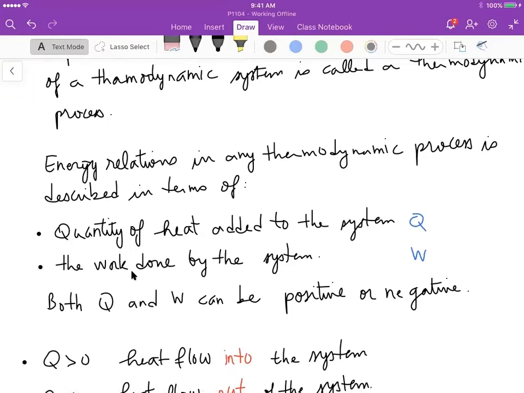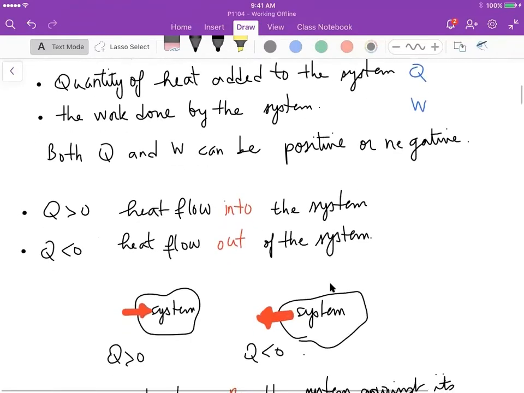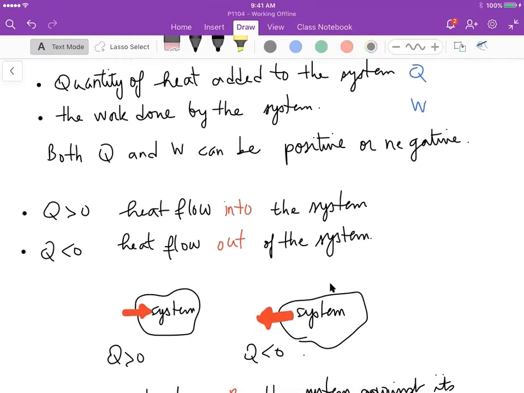So if the system is doing some work, then this would be described by the work W. Now note that both W and Q could be positive or negative. For the work, this is kind of clear because we have already seen this previously. But what does it mean to have a negative heat or positive heat? So we have to keep these notations in mind.